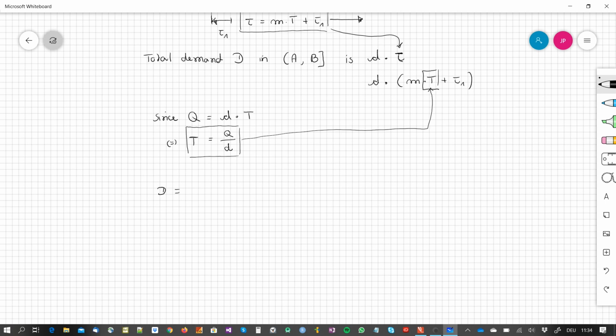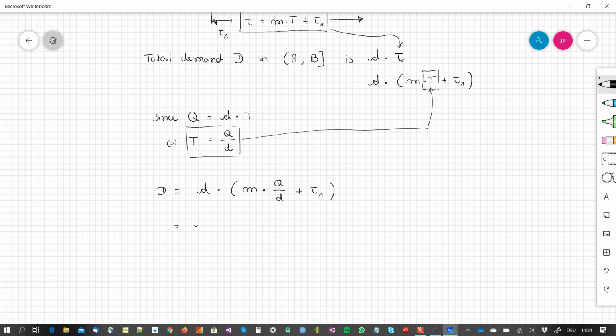And this is then D. I just repeat the formula for the total demand and insert our Q over D plus our order lead time.